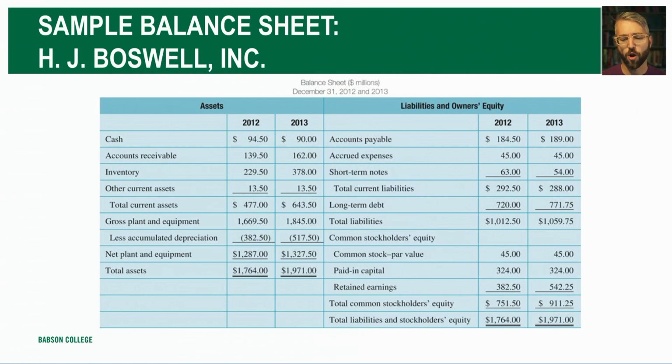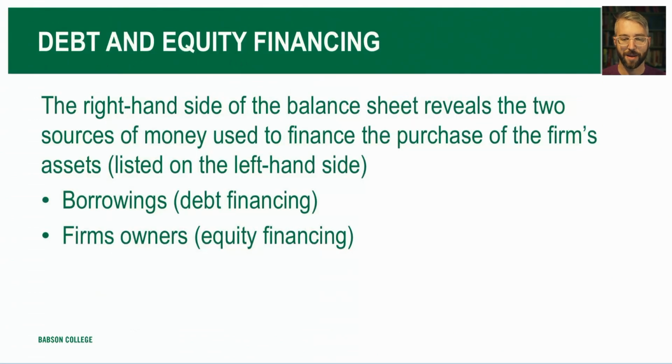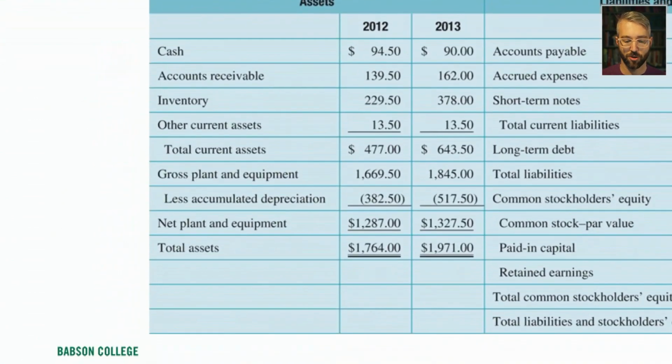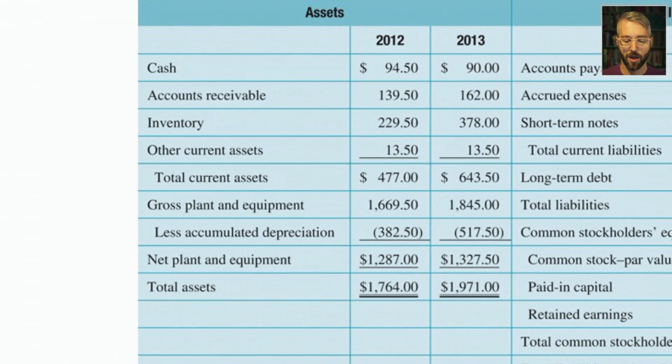So a quick overview of how the specific accounts on the balance sheet are organized. A real accounting class would go into more detail on exactly what defines each of these possible categories. But roughly speaking, you could think about the left-hand side of the balance sheet as listing assets in rough order of what we call liquidity.